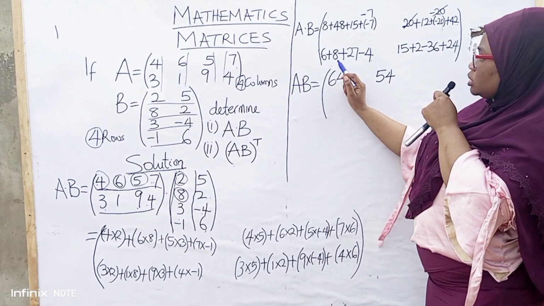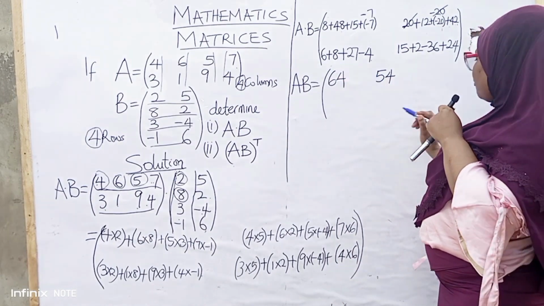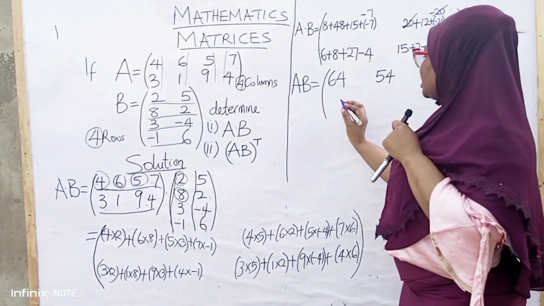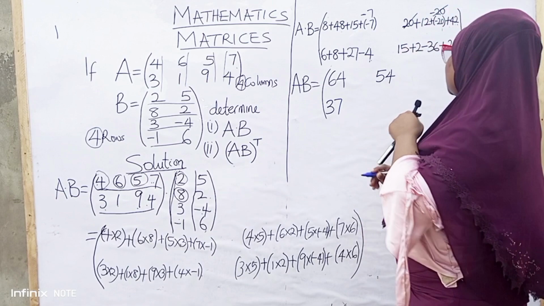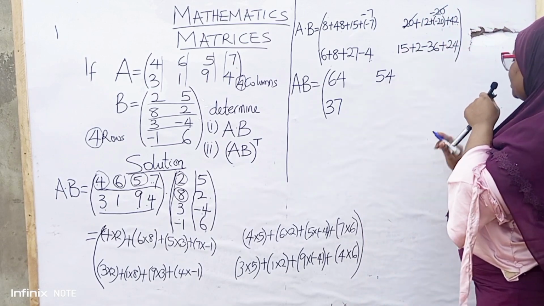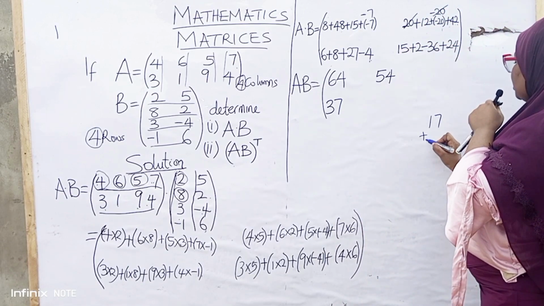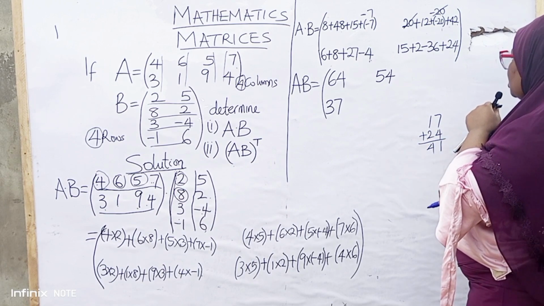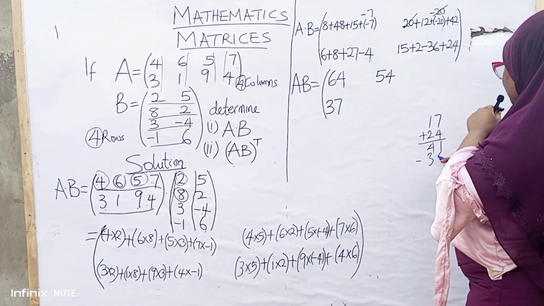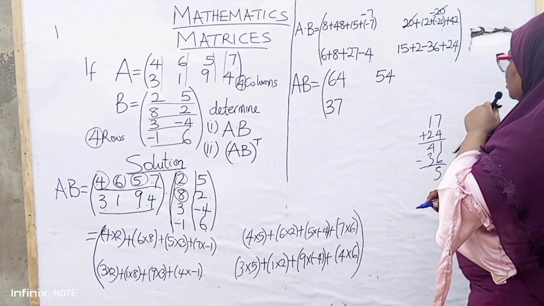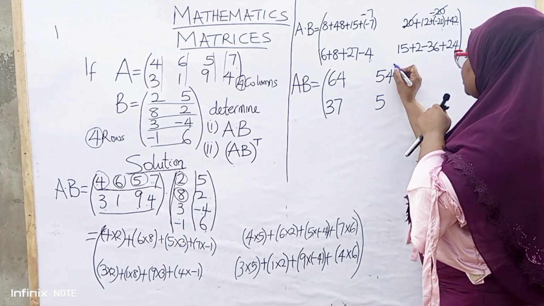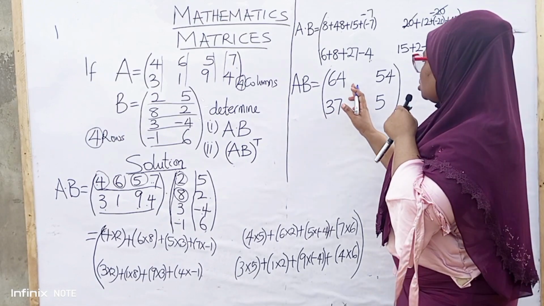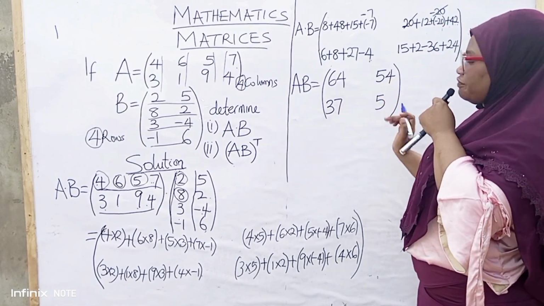Here, 8 plus 6, that is 14. 14 minus 4, 10. 10 plus 27, that is 37. 15 plus 2, 17. 17 plus 24, that is 41. 41 minus 36, that is 5. So the answer here is 5. So our A multiplied by B is equal to 64, 54, 37, 5.